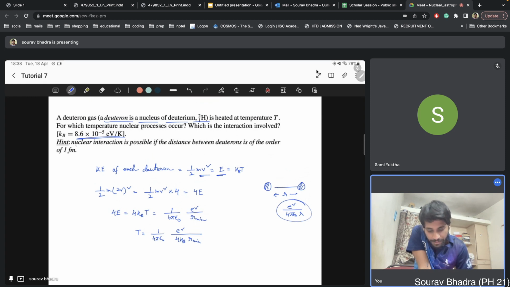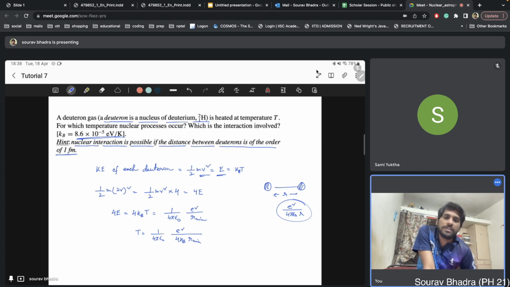So see the hint: nuclear interaction is possible if the distance between deuterons is of the order of 1 femtometer. So the value of r minimum has been given. Some value should be given, otherwise you cannot calculate. Typically you can take it as 1 femtometer if nothing is given in the question, but here it is already given.